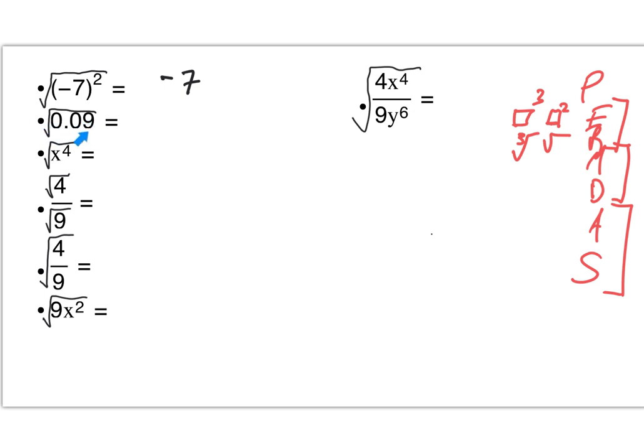Here, when I'm looking at square roots, all right, we know the square root of 9 is 3. But it's not the square root of 9 anymore. It's the square root of 0.09. So when we go backwards, there are a couple of different ways of going about this. I'll erase that 3 for a second.